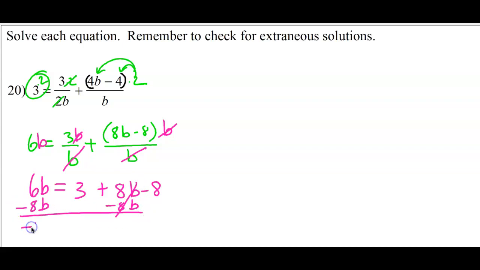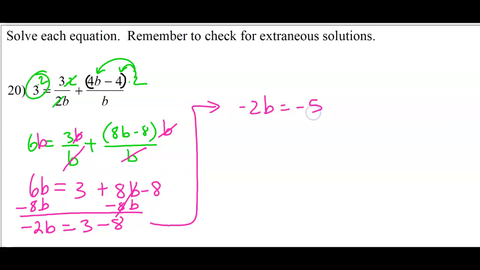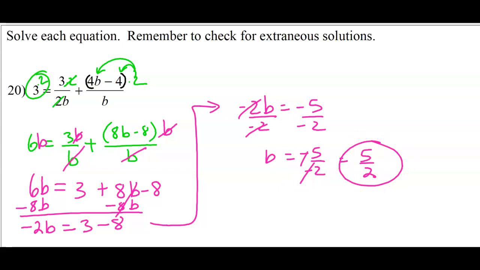That leaves me with negative 2b. 3 minus 8 is 5, or negative 5 anyway. And then we divide. And when you have two negatives, it's just going to be a positive because the negatives cancel each other out. So 5/2 is our answer for that one.